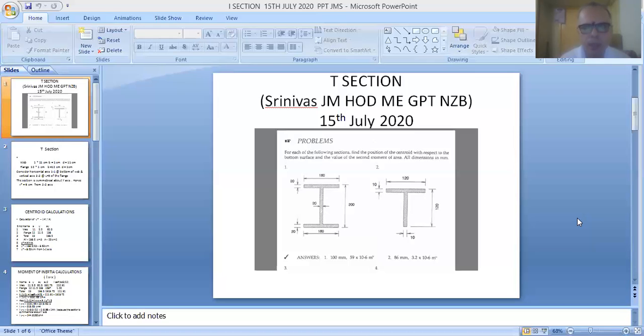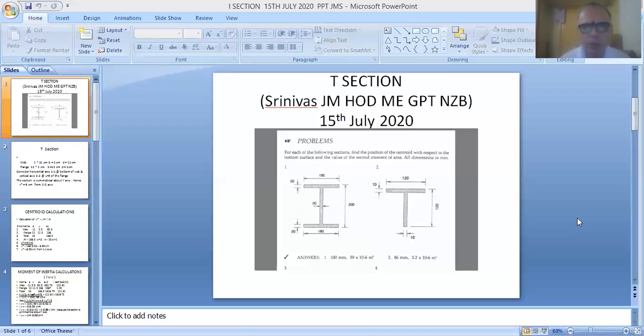So friends, as the name itself implies, the T section will be in the form of letter T, I section will be in the form of letter I, L section will be in the form of letter L, and of course C section will be in the form of letter C. So the cross section of all these items will be in the form of letters.